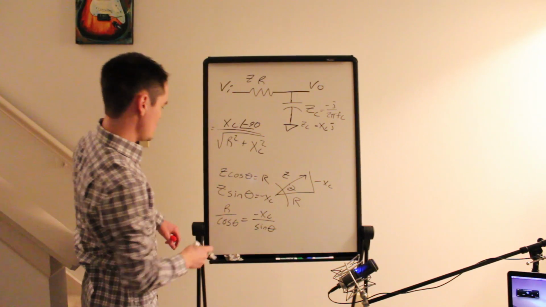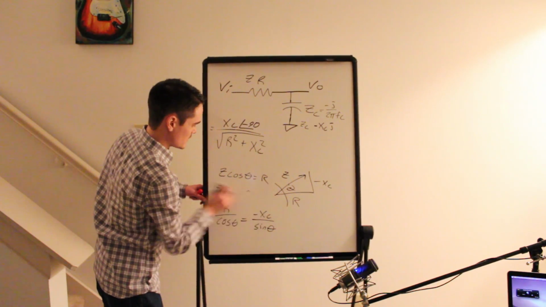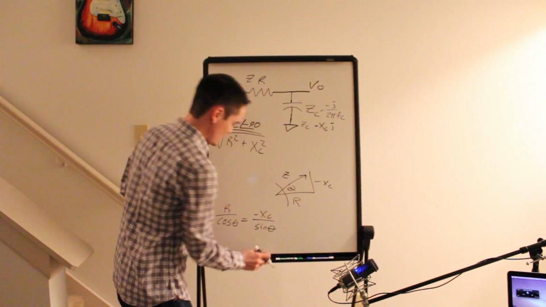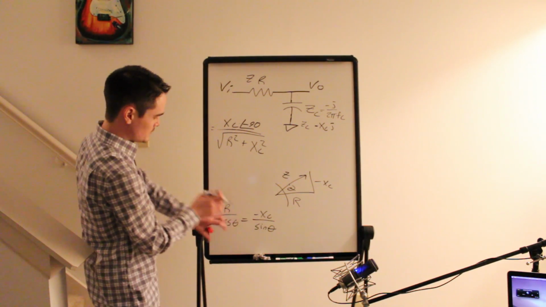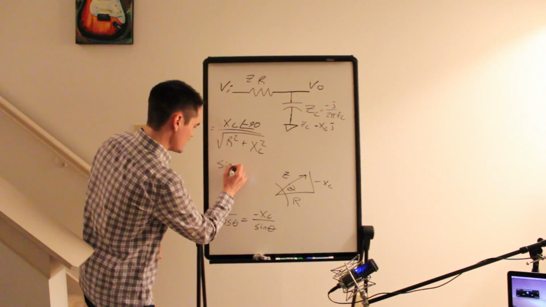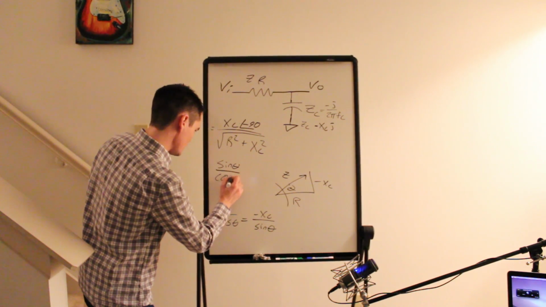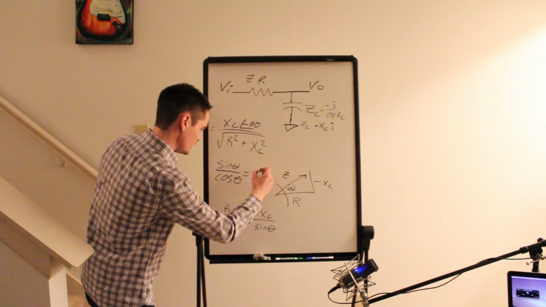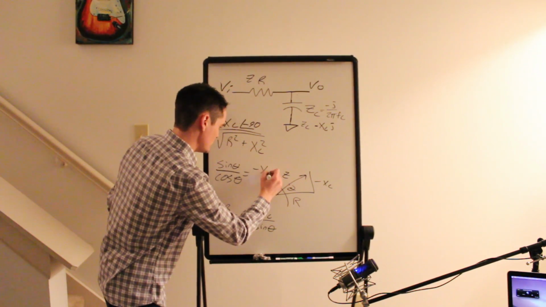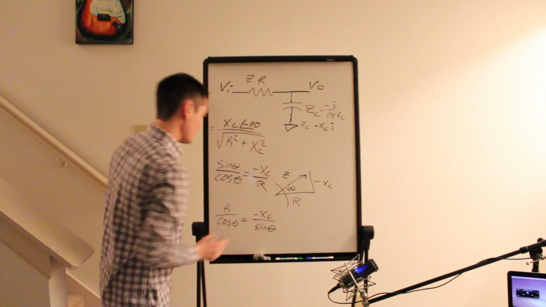And then I'm going to erase these and draw this back up here. This is what I was talking about before. Then we could rearrange this and get sine up here and put r down there. Then sine of theta over cosine of theta is equal to minus x of c over r.